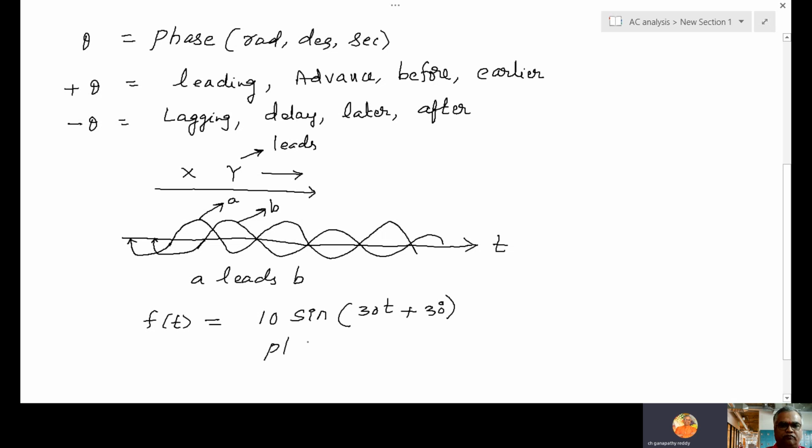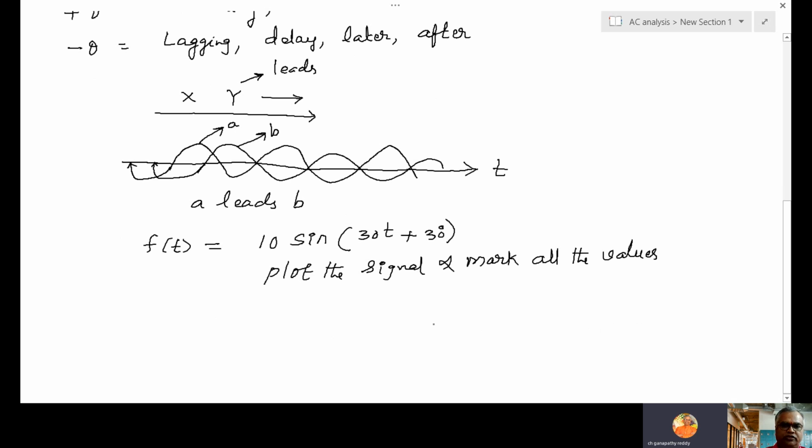Plot the signal, and mark all the values. So we can understand so many things with this example. So let us take the y-axis.